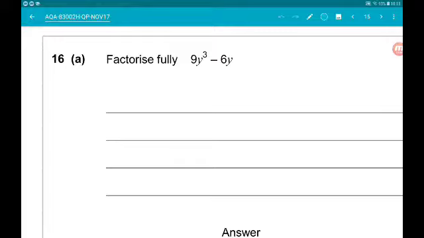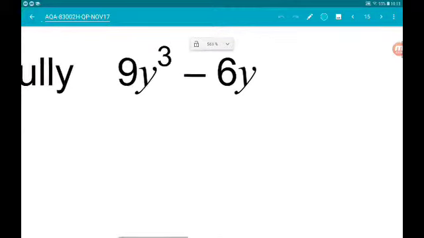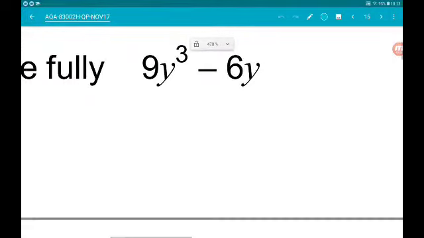In question 16, we got some algebra. So part a, factorise fully 9y cubed minus 6y. So when they say factorise fully, they are giving you a little clue that there is more than one common factor inside. So, first up, we can see there is a common factor of 3.